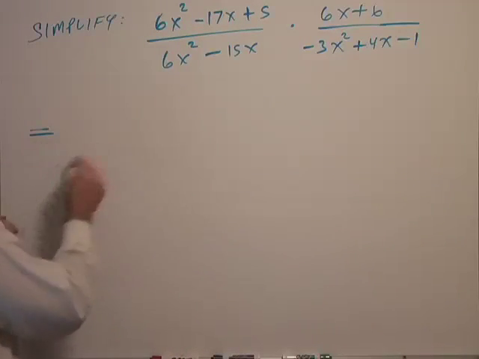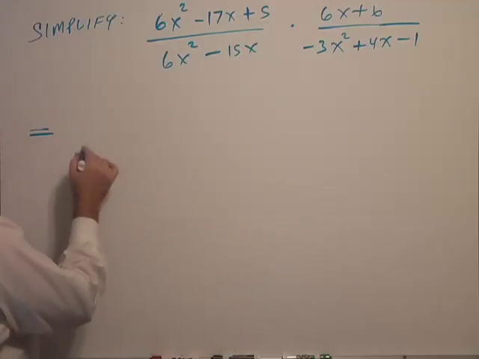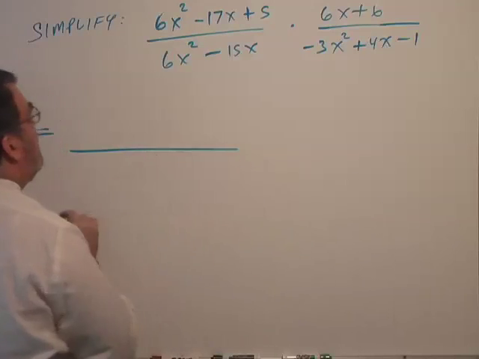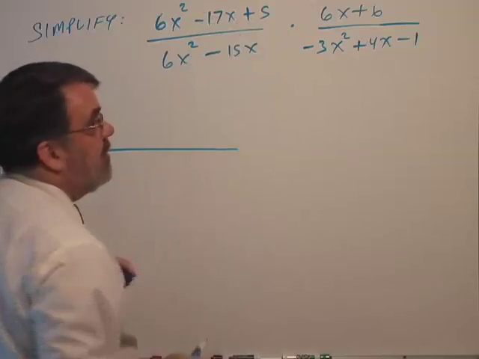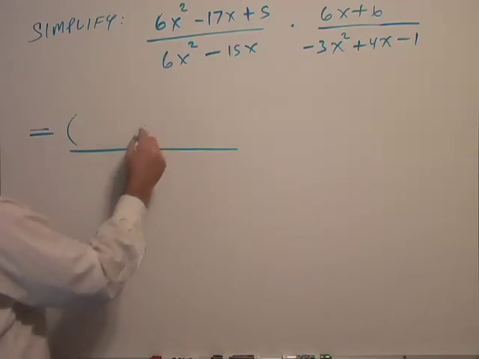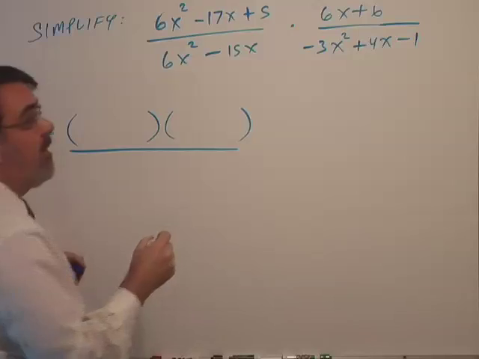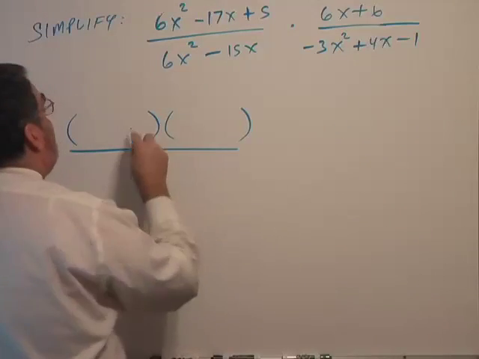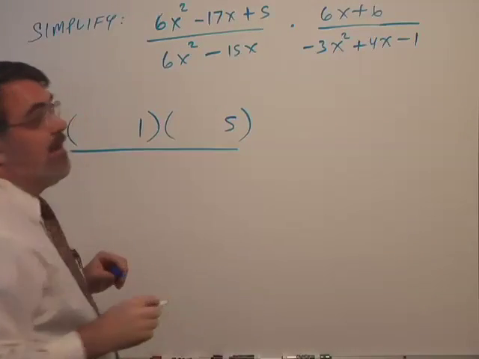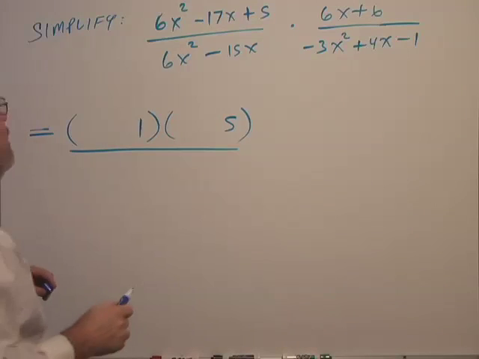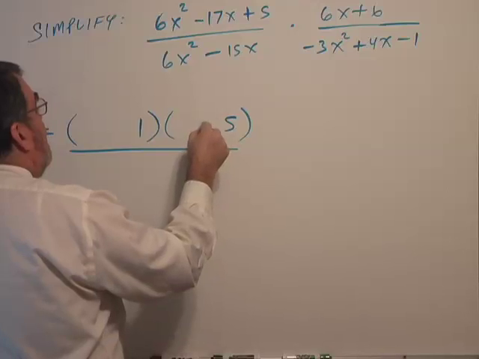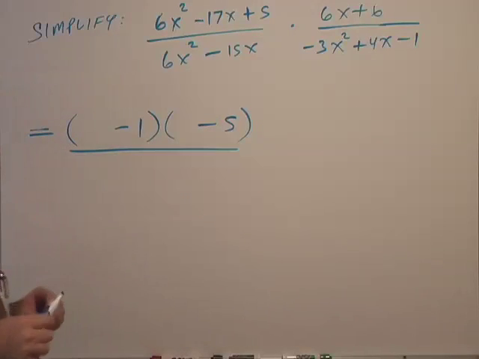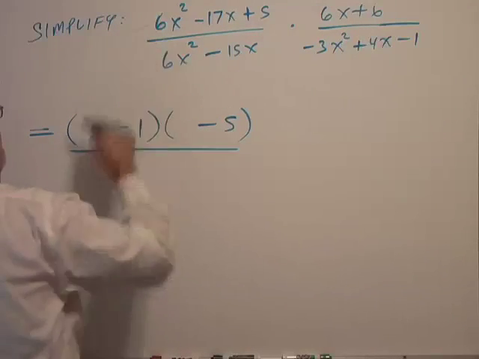Alright, so let's see. This first one's going to be a little challenging maybe. 6x squared minus 17x plus 5 has no greatest common factor, so we'll have to split it up. One thing working in our favor is that 5 is 1 times 5. It's the only way you can break it up. And in order to get a positive here and a negative there, these are both going to have to be negatives. What about 6x squared?